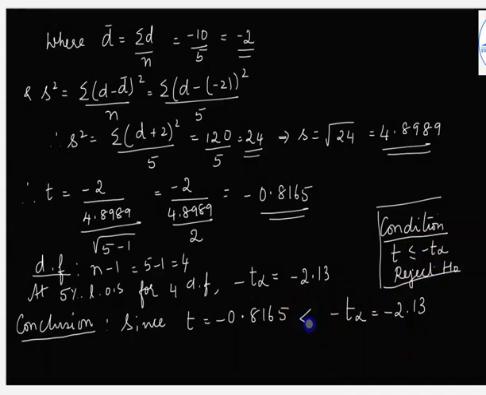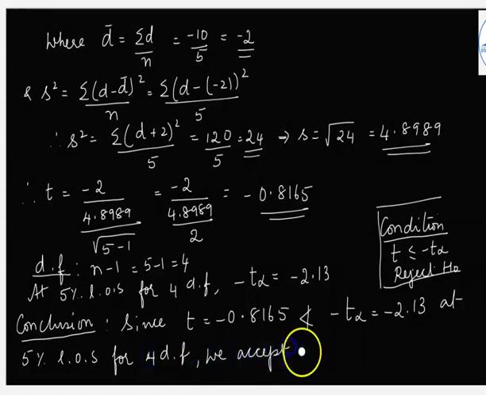So it is not less at 5% level of significance for 4 degrees of freedom. You will accept H naught and conclude that mu1 is equal to mu2.